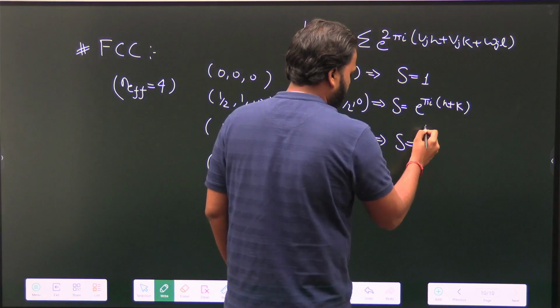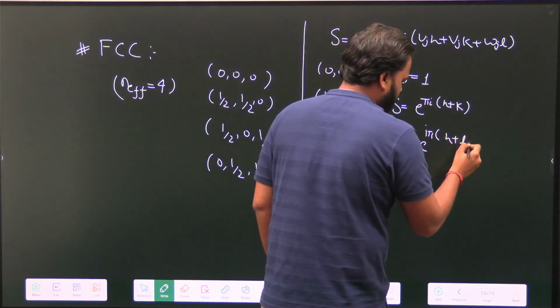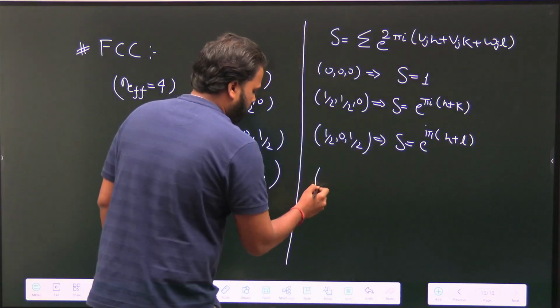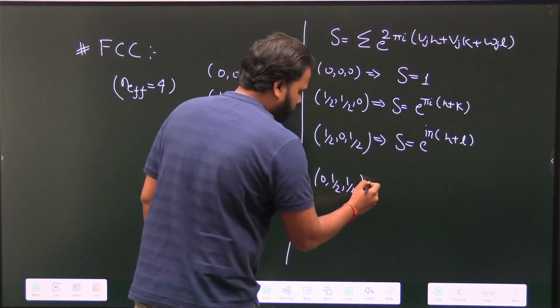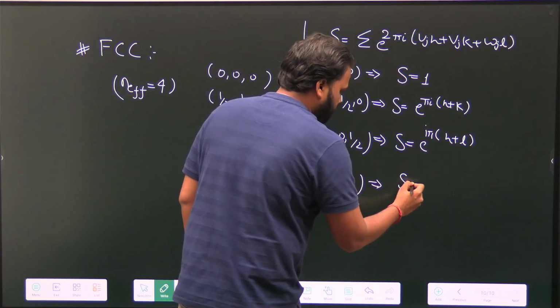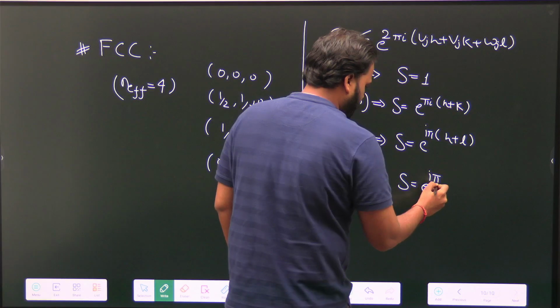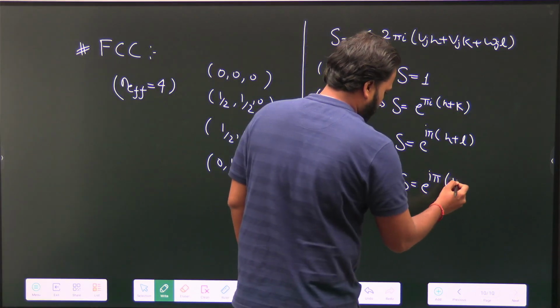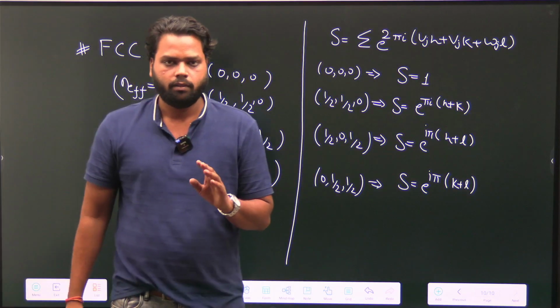It is e to the power i pi (h plus l). And for 0, 1 by 2, 1 by 2, the value of S will be e to the power i pi (k plus l). This will be it, right? Clear?